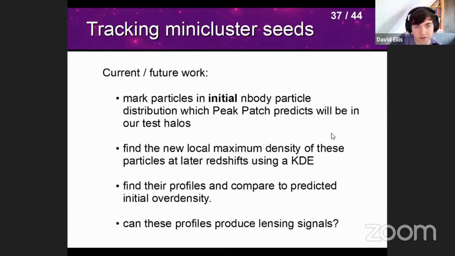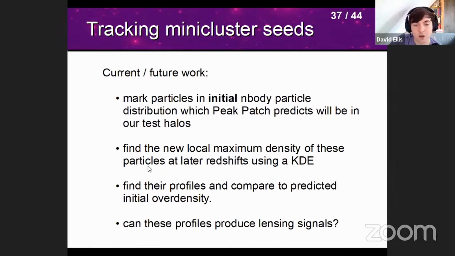And so that makes up the body of our future work. Unfortunately, I can't tell you just yet whether these objects are going to be able to produce lensing, but because peak patch works so well on the initial density field, we can use it to find particles in the initial distribution that we think will later be in some of these very dense objects.